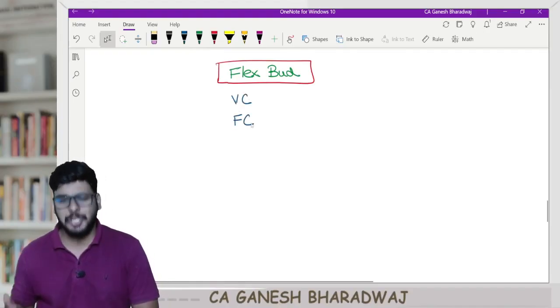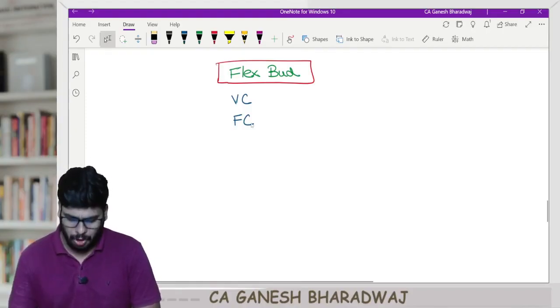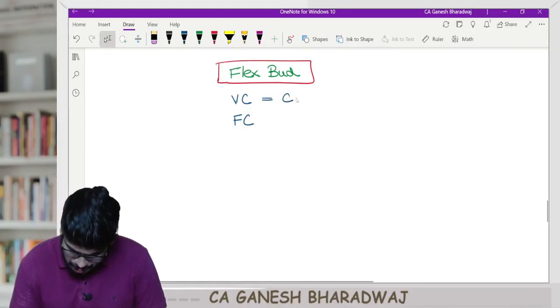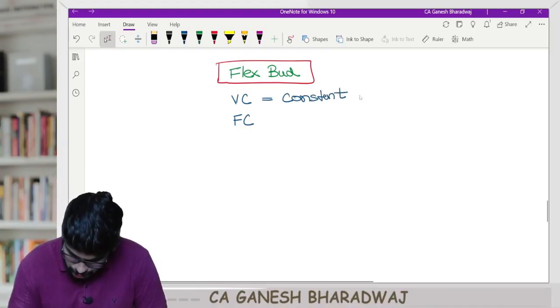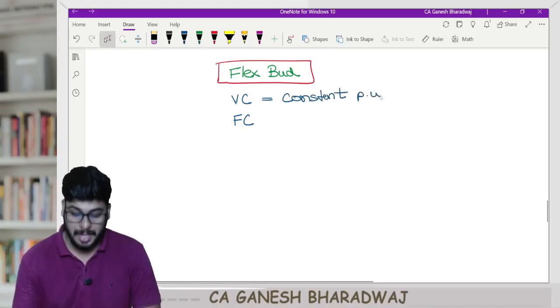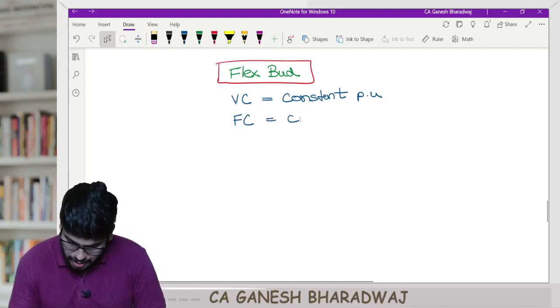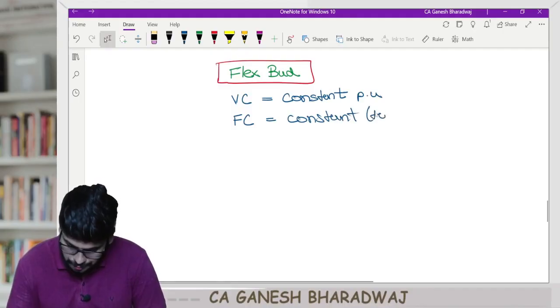Now, guys, you tell me, what is the nature of variable cost? Variable cost remains constant on a per unit level, whereas fixed cost remains constant in total. Correct?